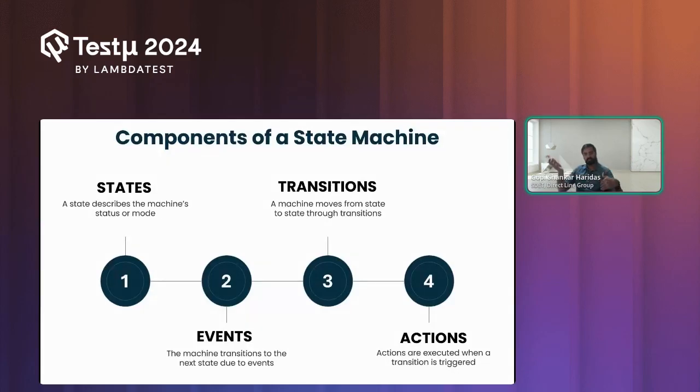Similarly, there is a parallel state where you have multiple child states and all of them can be executed simultaneously, right? And a self-transition is where you just point to the same state all the time. So there are different components, as I mentioned, and we can use all of them to build complex state charts.